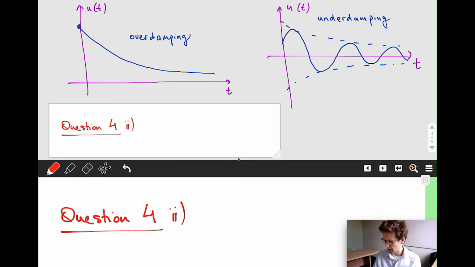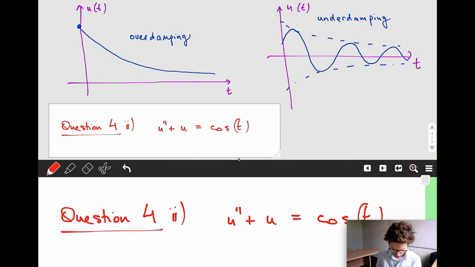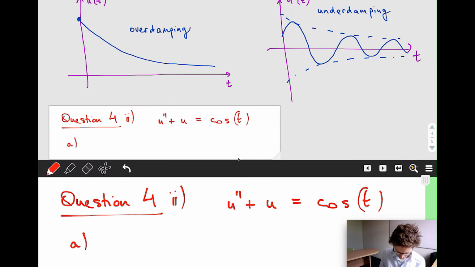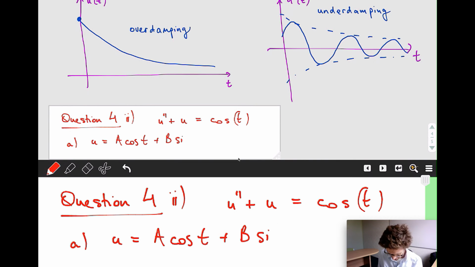We're told that u double prime plus u equals cosine of t, and our first step is to show that u equals a cosine t plus b sine t is not a solution of this equation.